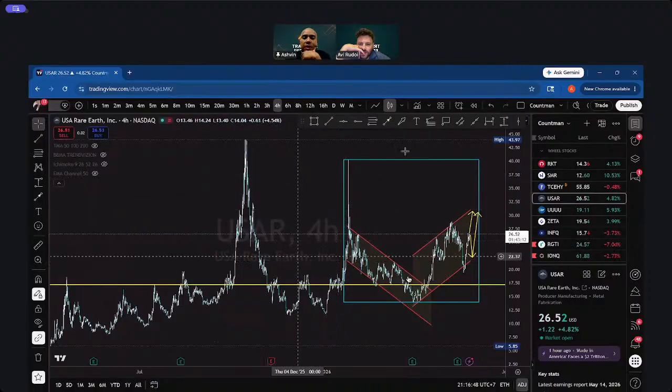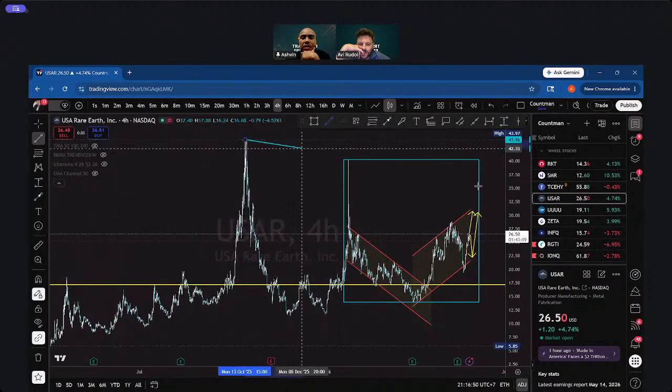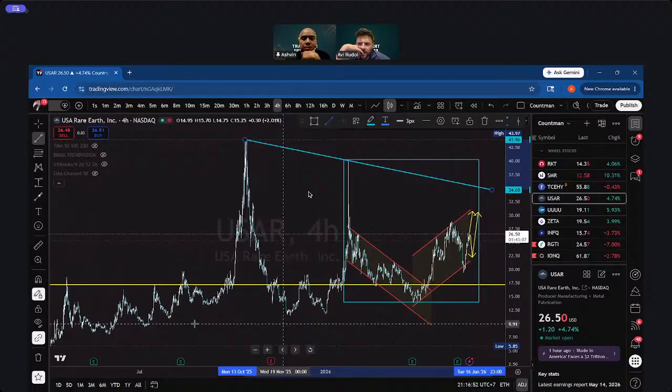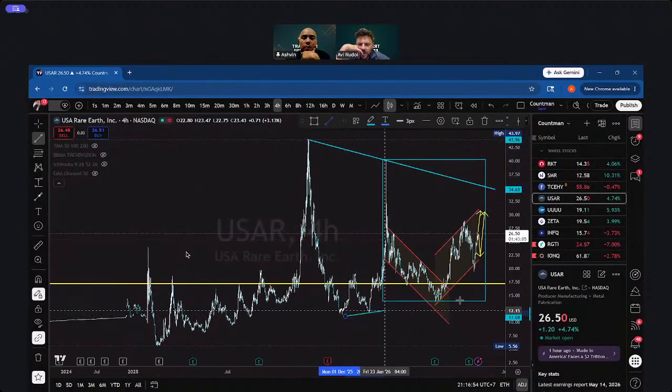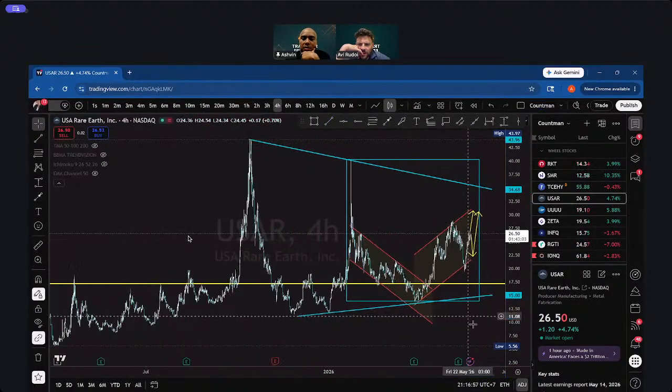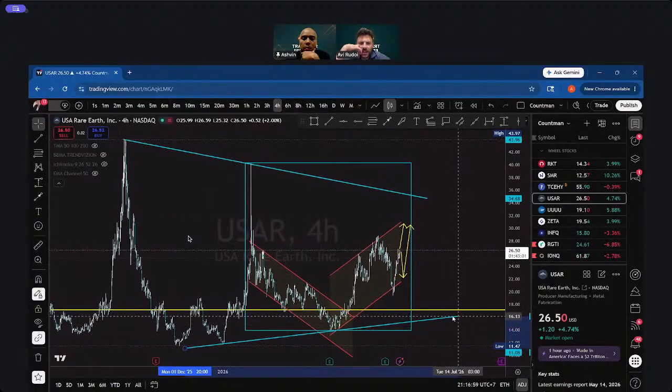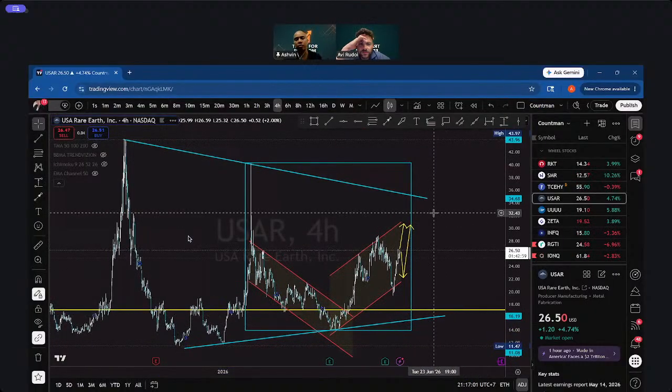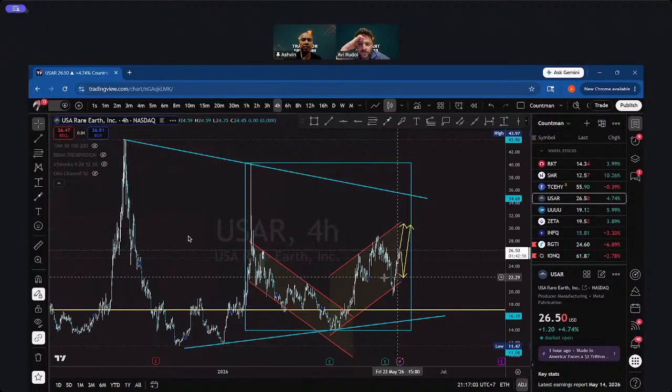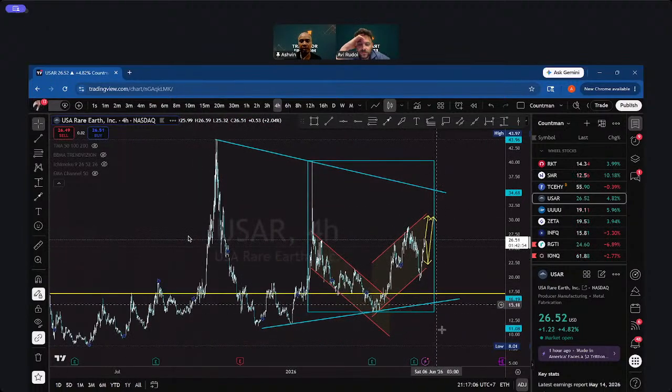Currently it's in a very big triangle, similar to RDW. If the fundamentals of this stock are strong, there is very little chance that it will break down. It will most probably act like what happened to RDW.